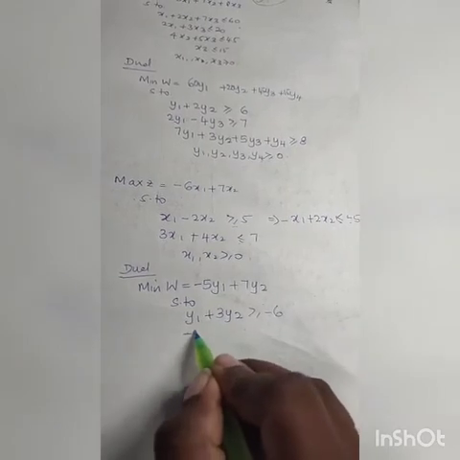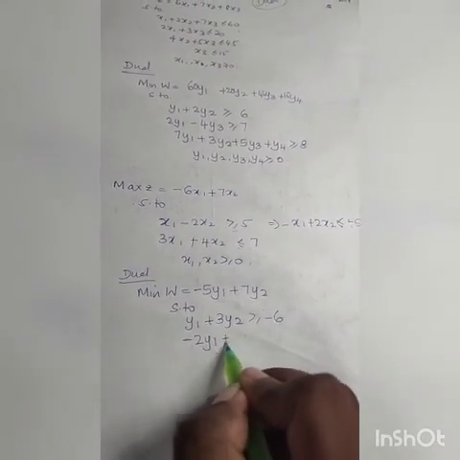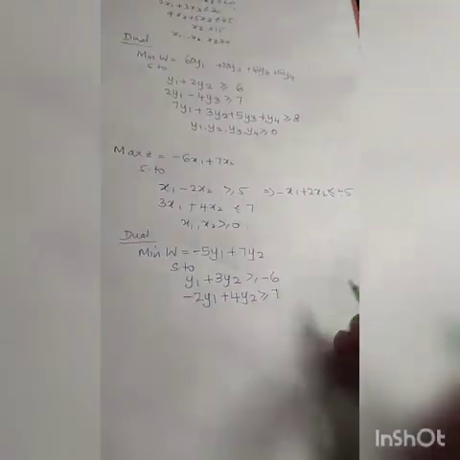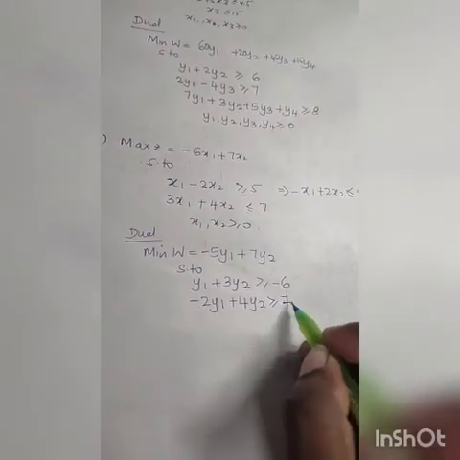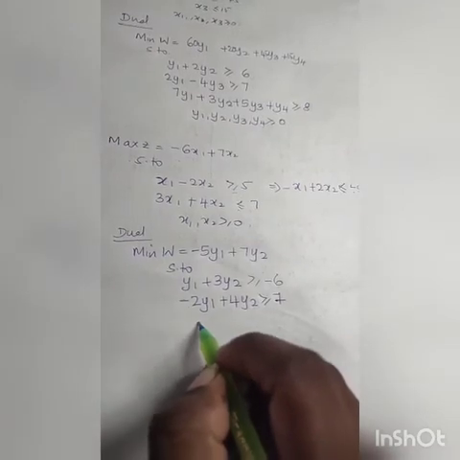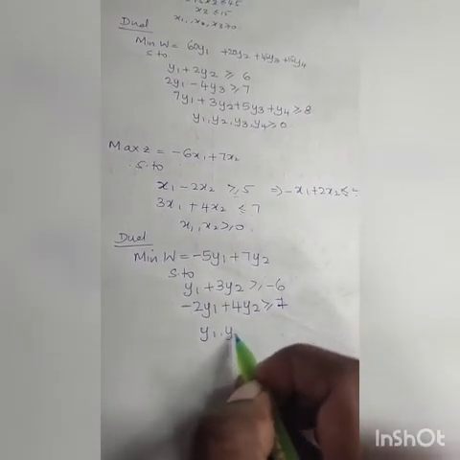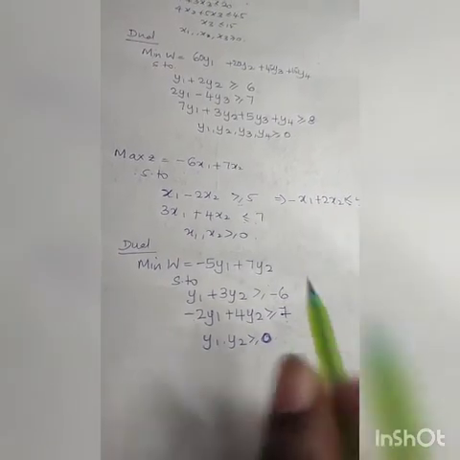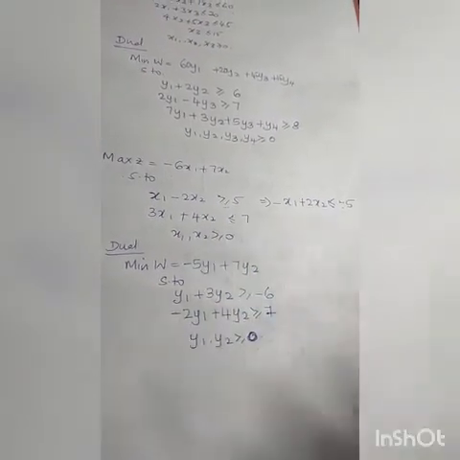The second is minus 2y1 plus 4y2 greater than or equal to 7, and your y1, y2 are greater than or equal to 0, because this has become less than or equal to, so no problem. So this is how you convert.